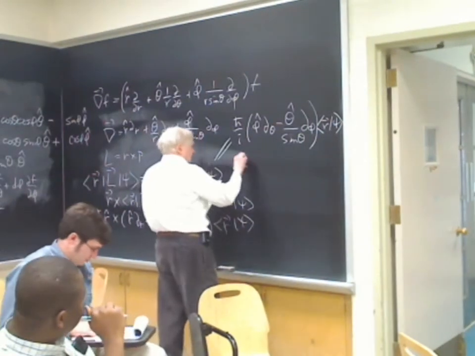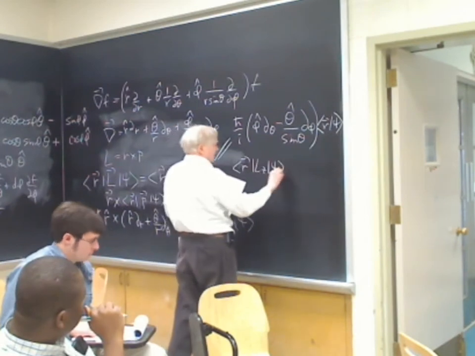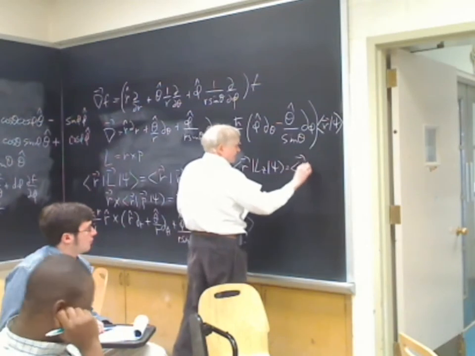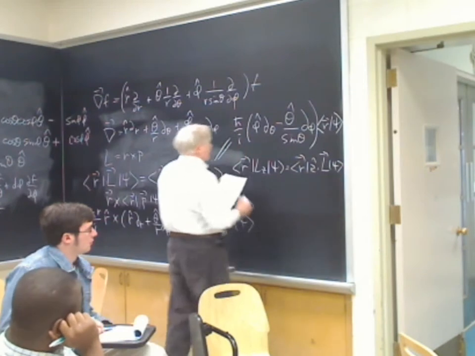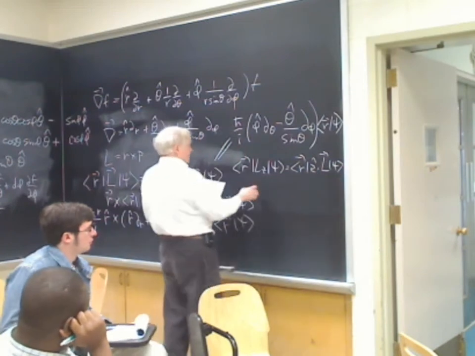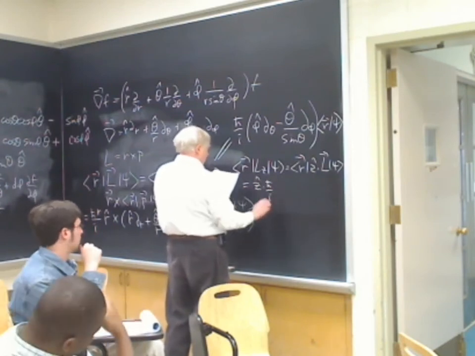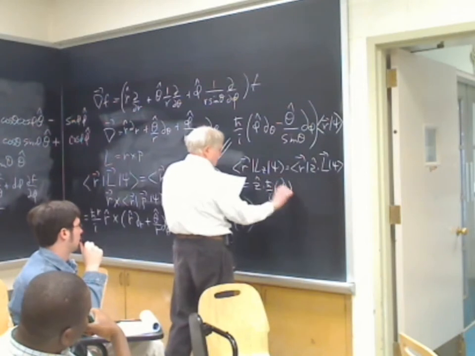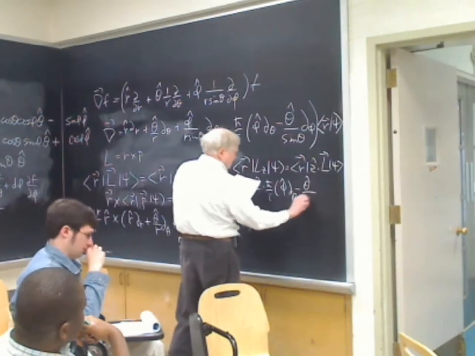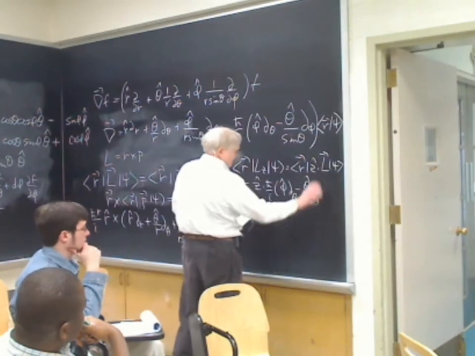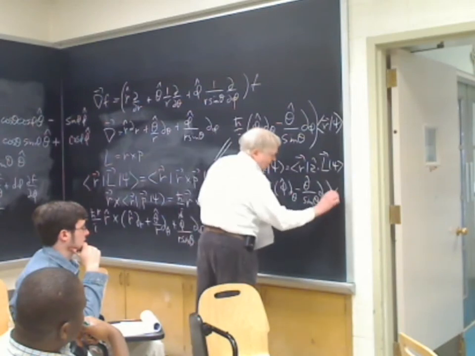Well, r dot Lz psi would be r, z hat dot L psi, and so this is equal to z hat dot h bar over i, phi hat d theta minus theta hat over sine theta d phi. Sorry about writing so small, but this is the wave function. Okay?